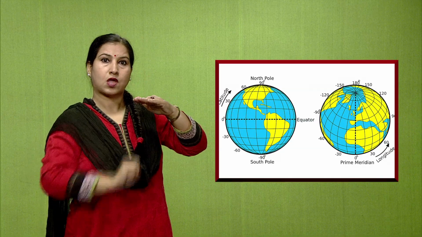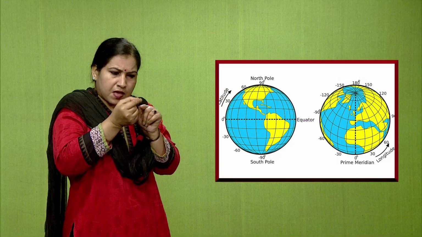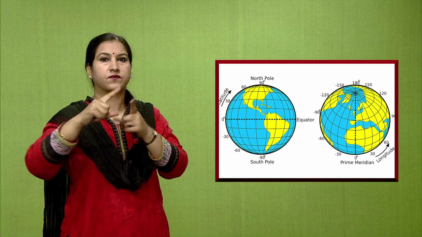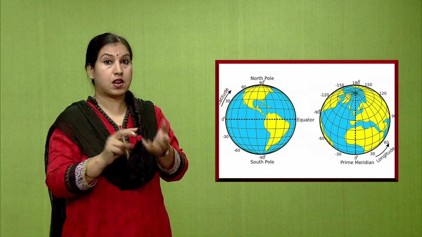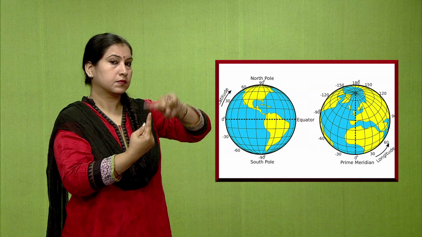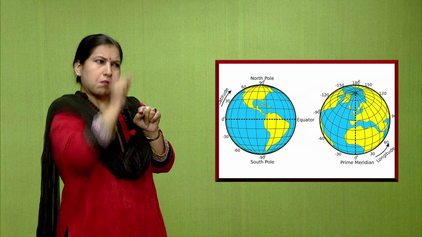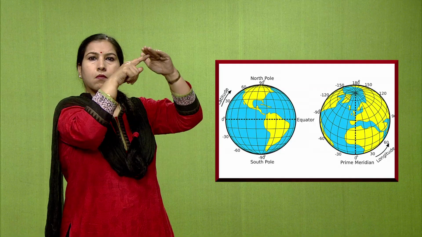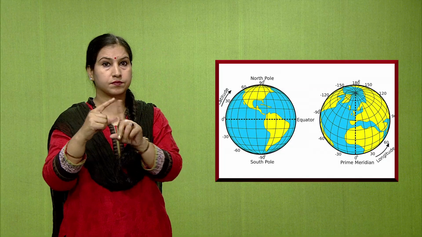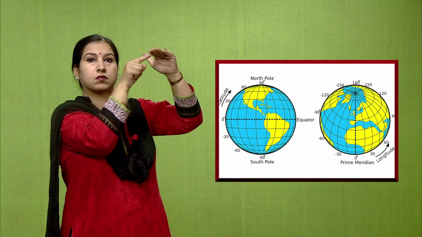So, the nearest latitude north of the equator will be 5 degrees north latitude, while the farthest will be 90 degrees north latitude, the North Pole.